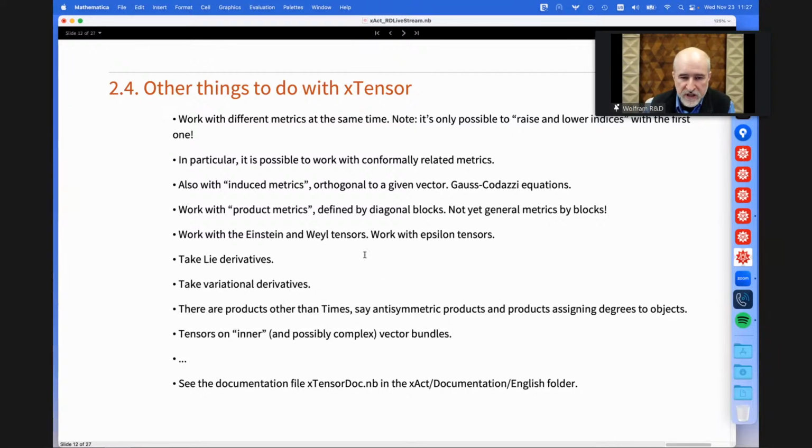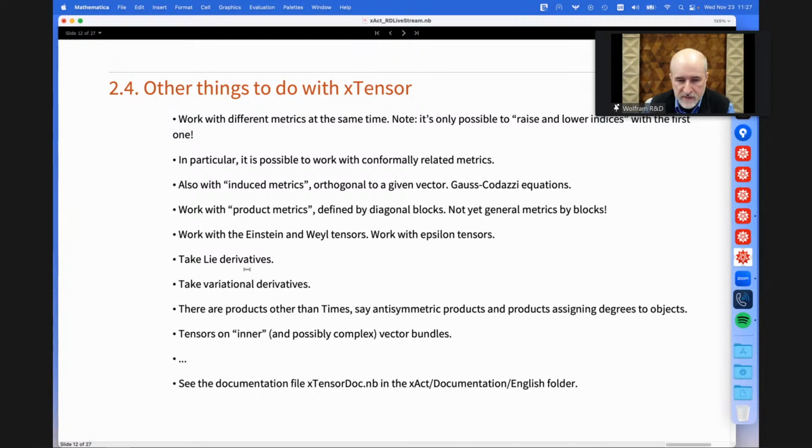Okay, so I'm going to finish with xAct. It can do many, many more things, but I don't have time at all. Yes, so you can have many different metrics at the same time. You can have many tensor fields, many connections, or covariant derivatives. It's possible to work with conformally related metrics, induced metrics, product metrics. There are many more tensors that I haven't shown, for example, the Einstein and Weyl tensors, very important in GR.